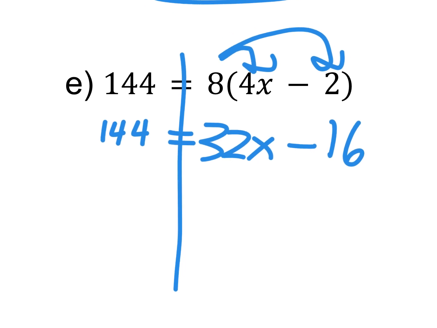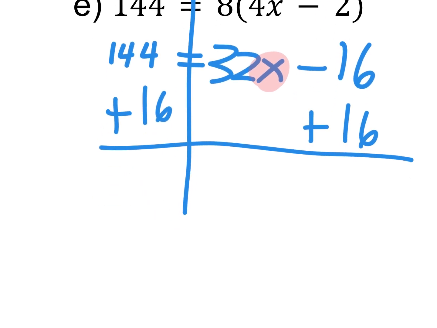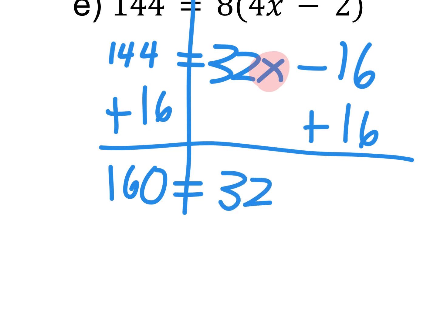Okay, now we need to get x by itself. Remember, our variable x is what we are solving for. So we need to get everything else on the other side. I need to get rid of the minus 16, so I will add 16 to both sides of the equation. That should get me 160 equal to 32x.